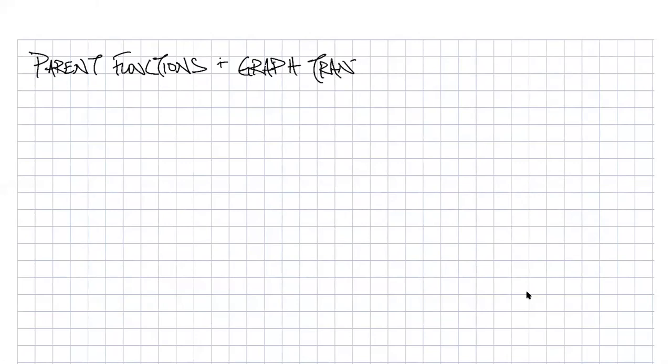All right, so I'm going to reshare my screen. Okay. All right, so we'll look at parent functions and graph transformation.